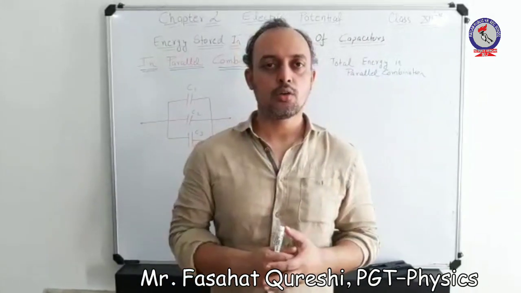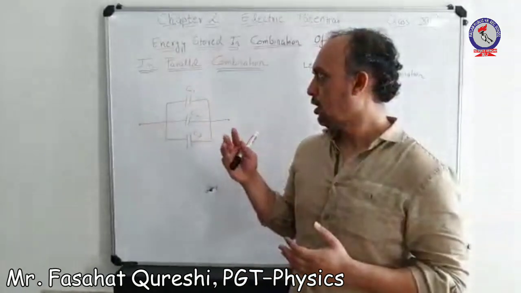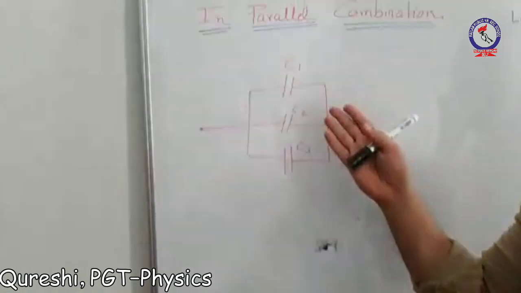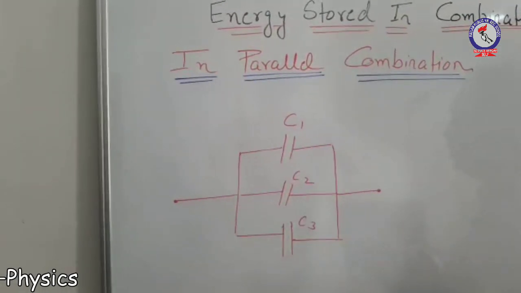So in this particular concept, as you can observe, we are connecting capacitors in parallel. Let C1, C2 and C3 be the capacitors which are connected in parallel.